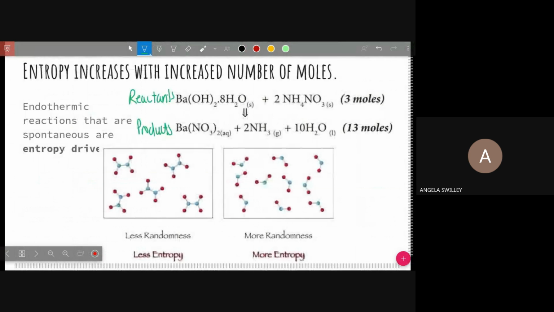If you'll notice, we have 3 moles in the reactants: the 1 that's not written there because it's understood, and then the 2. And then we have 1, 2, 3, and then plus 10 is 13, so 13 moles. So again, when you increase the number of moles, you increase entropy.